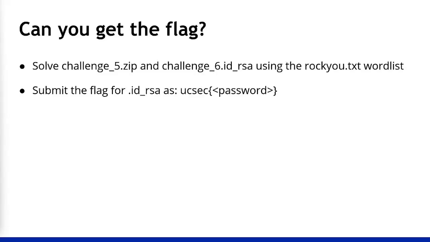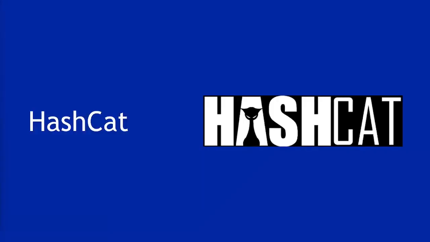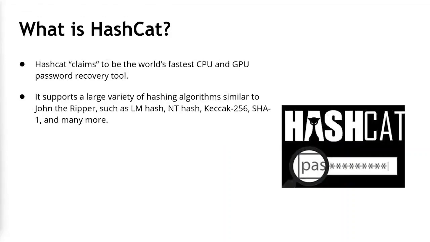If not, these are the commands. I'll quickly go through them again. For the zip file, just do zip2john challenge5, and then output it to an output text file, and then do the same thing for ssh2john. All right, with that, let's switch gears and move on to Hashcat.